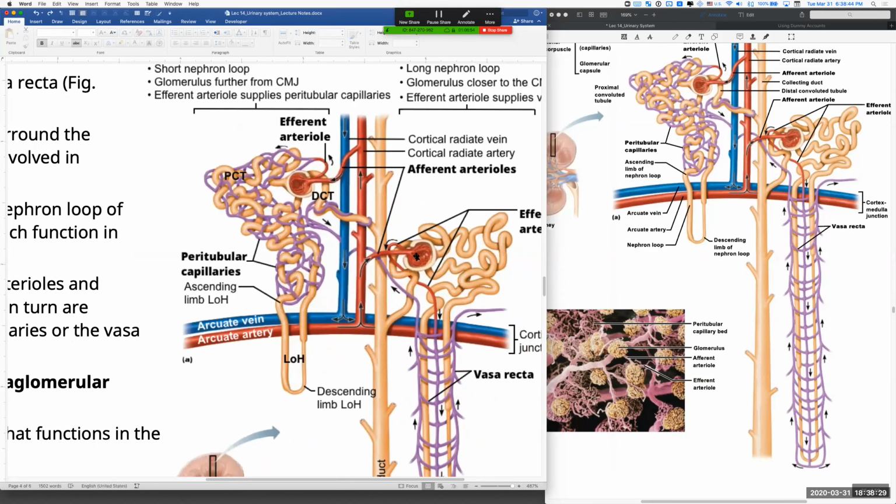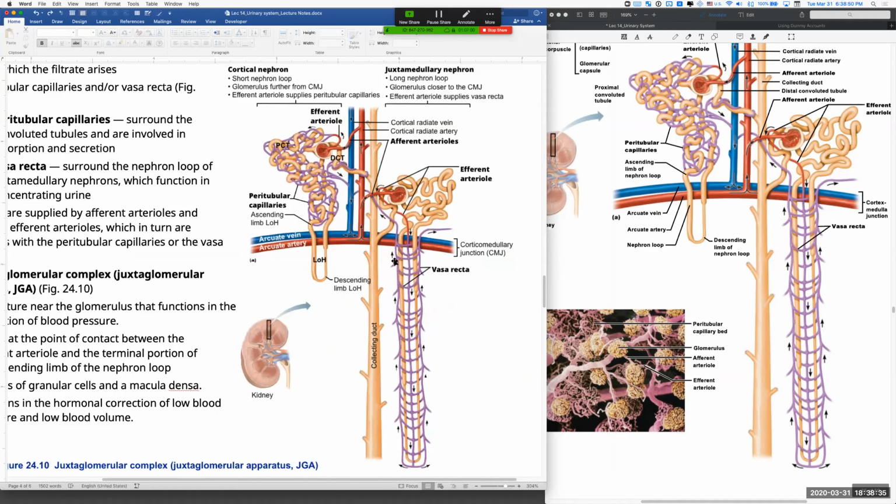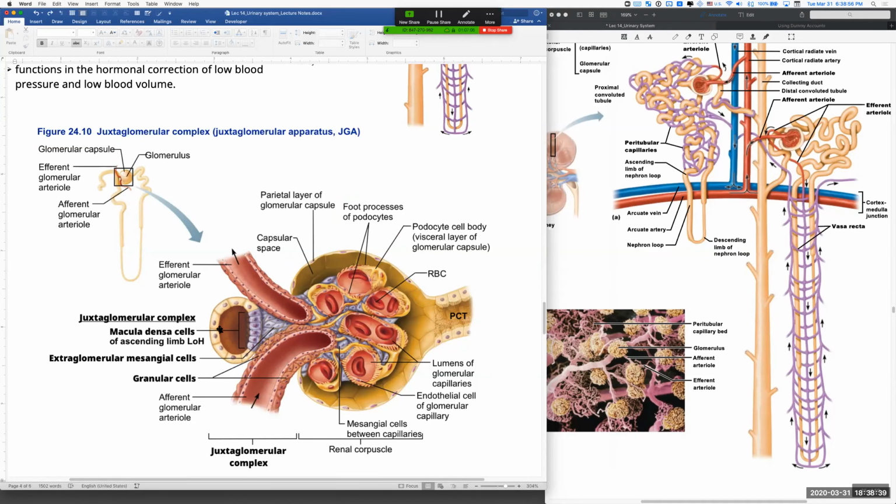If we take a closer look, the cross-section will look like this. This is the cross-section of that distal convoluted tubule, and this is a cross-section of the afferent arteriole, efferent arteriole, and then the renal corpuscle.